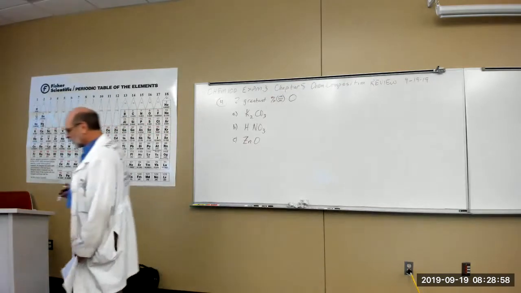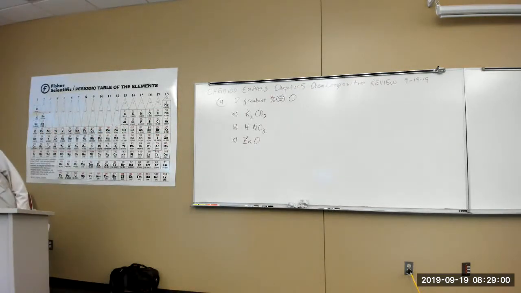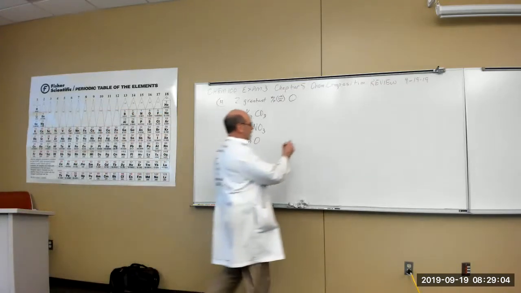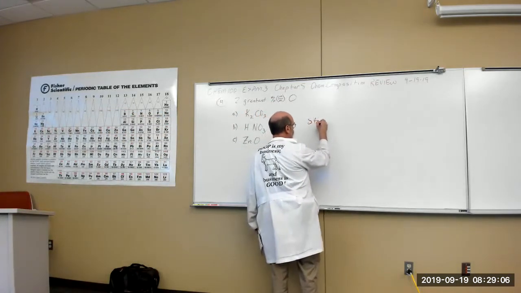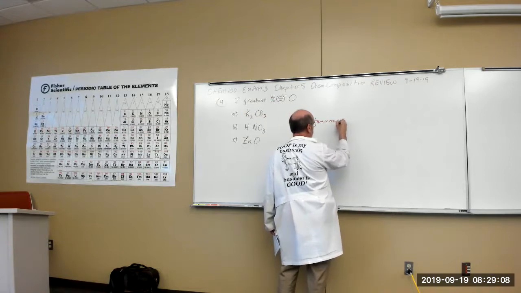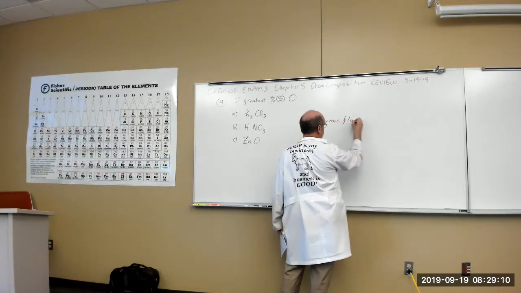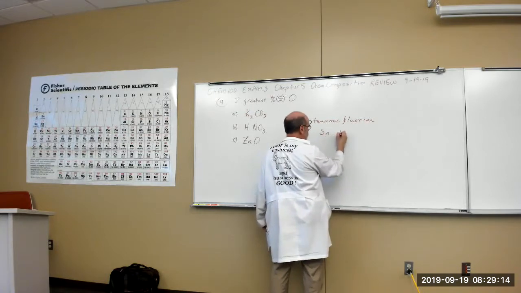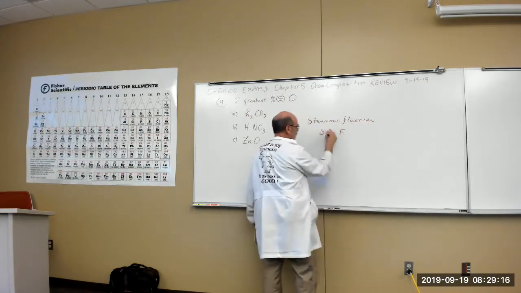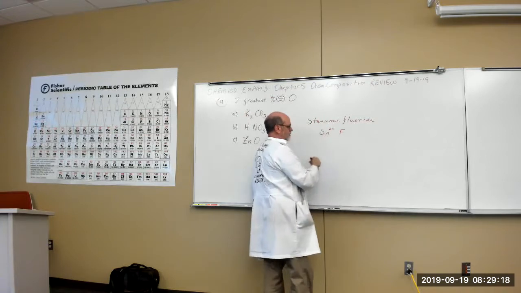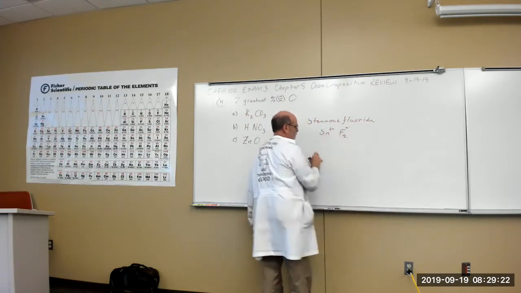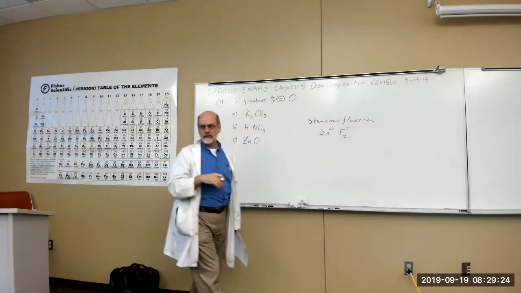So if you look and find Sn here, it could be +2 or +4. So stannous fluoride does have tin and it does have fluorine, but the stannous means it's 2+, and the fluorine is 1-. So this means it's SnF2.